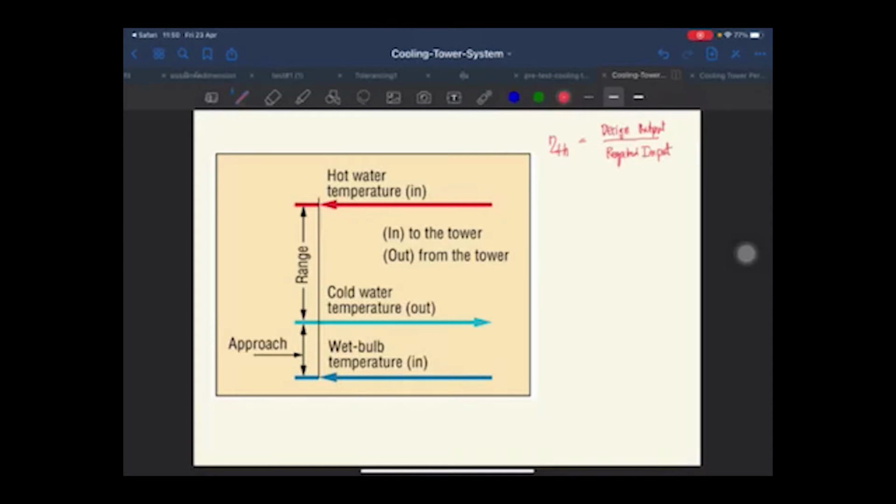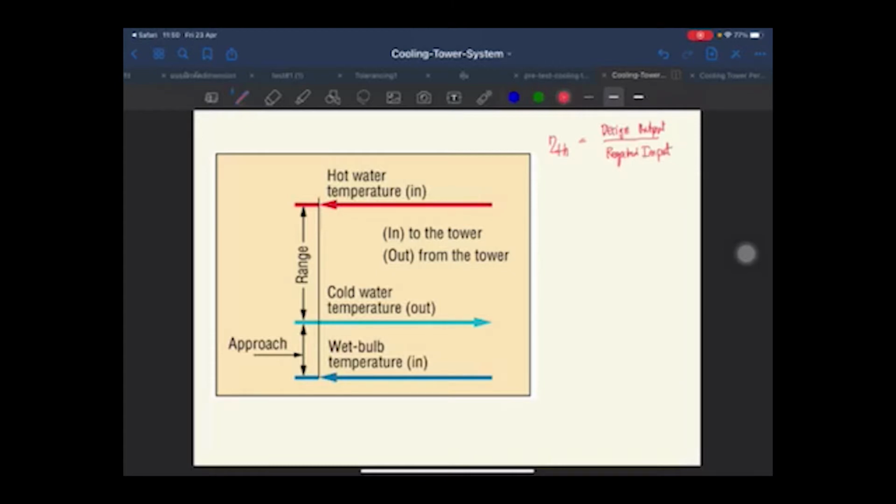The heat that will be removed from the hot water depends on the flow rate of the air, the flow rate of the water, and the temperature difference between the hot water and the cold air.